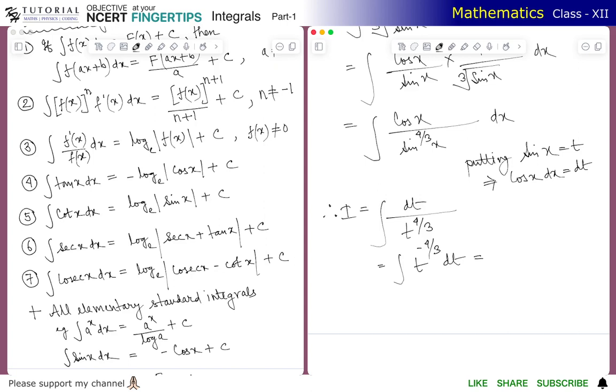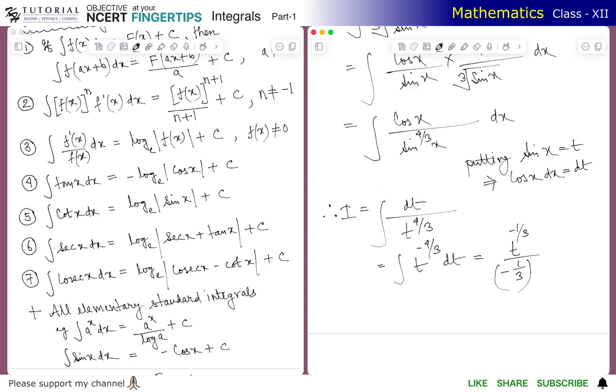Adding 1, minus 4 by 3 plus 1, how much is it? Minus 1 by 3. I am applying the result: integral of t to the power n equals t to the power n plus 1 divided by n plus 1.